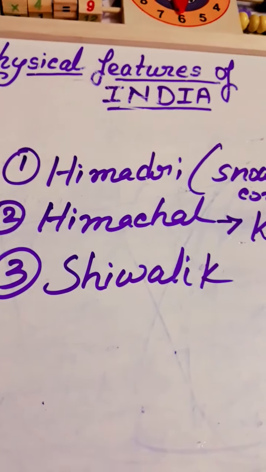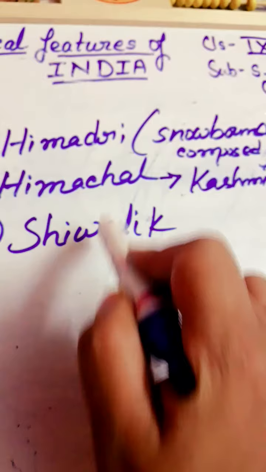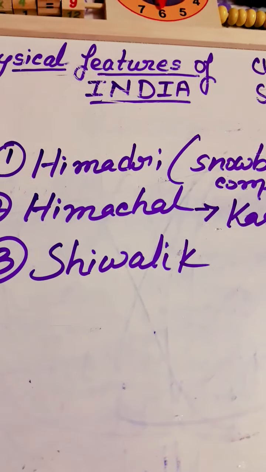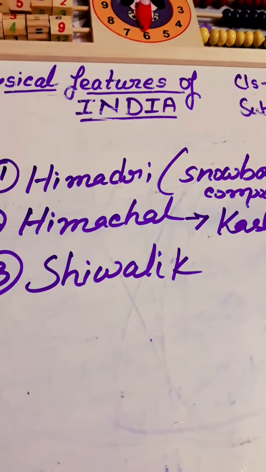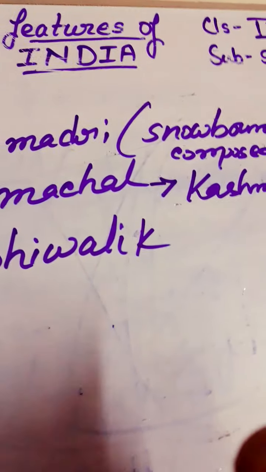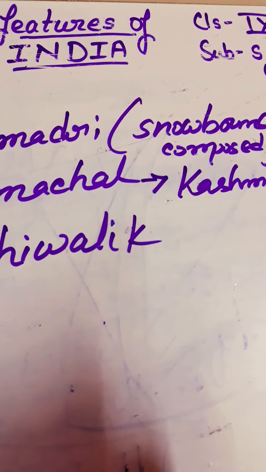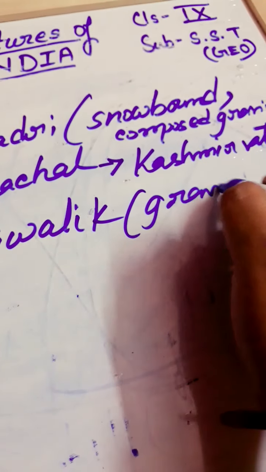Next, the outermost range and the southern portion of the Himachal is known as the Shivalik. They extend over a width of 10 to 50 kilometers. You have to remember that, 10 to 50 kilometers. These valleys are covered with thick gravel and alluvium.